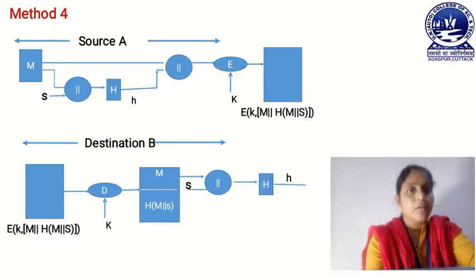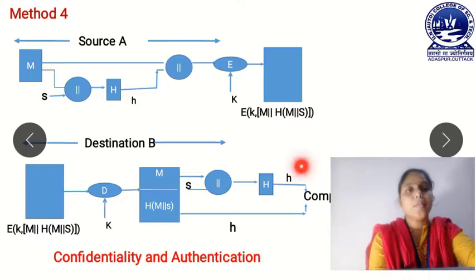Then the destination B compares this calculated hash value with the appended hash value. If both hash values are equal, that means the destination is sure that the received message is the original message. This hash value satisfies our authentication.